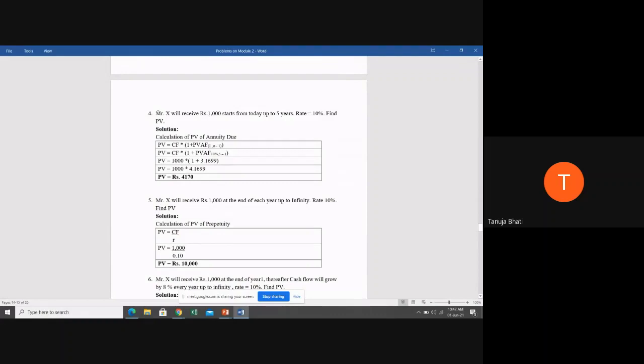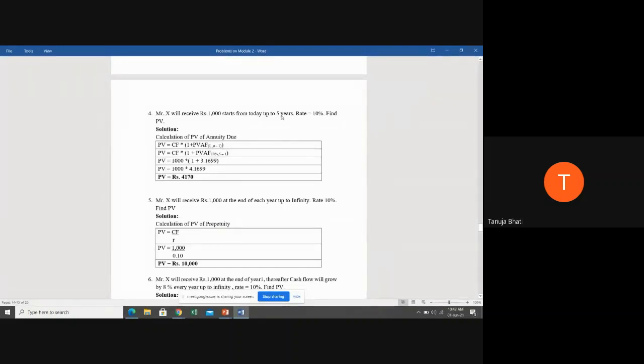Next, Mr. X will receive 1000, starts from today up to 5 years. Rate of interest is 10%. Find present value. See, Mr. X will receive 1000, starts from today up to 5 years. So it is the beginning of the period, correct?